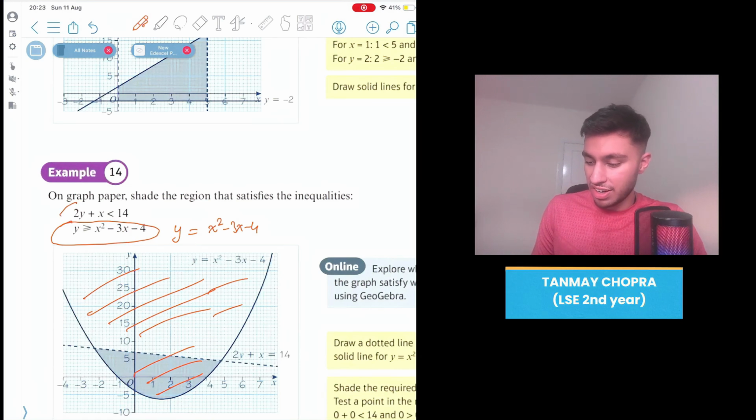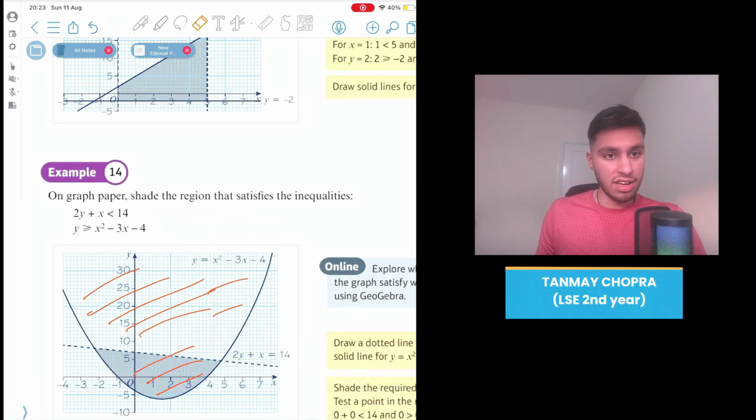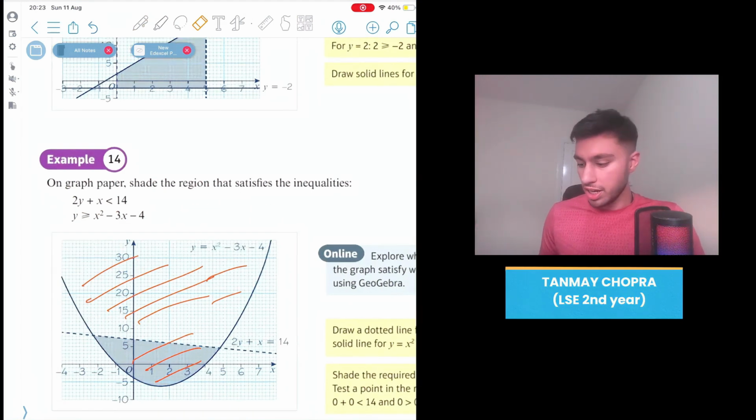This is just an equation of a line, but in a different form. y equals mx plus c, but we have 2y instead. That 2 should go here, should get divided. But yes, it's the equation of a line. We draw the line as dotted because we want strictly less than that, of course.